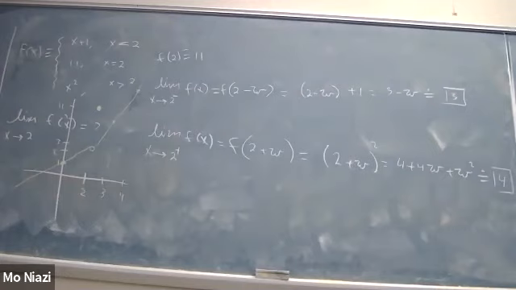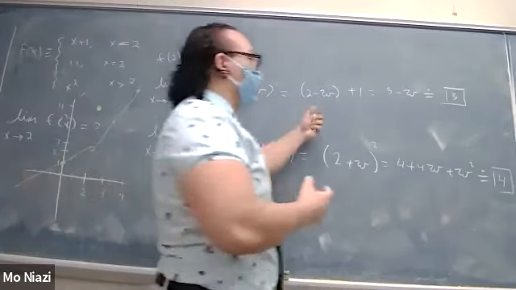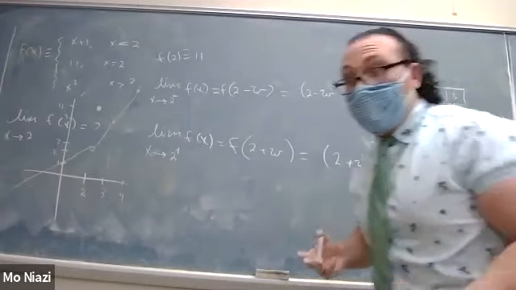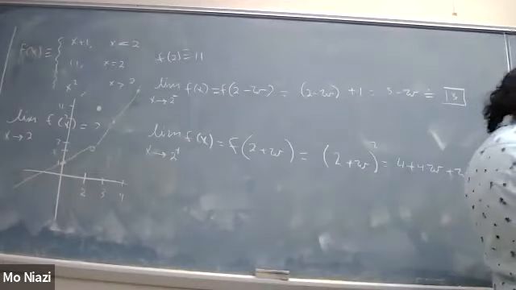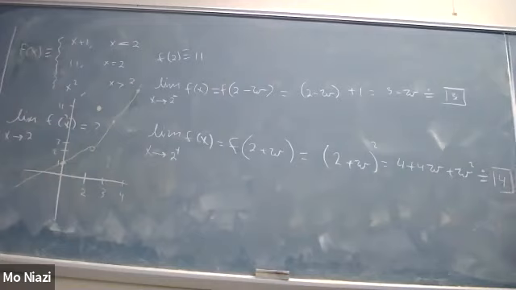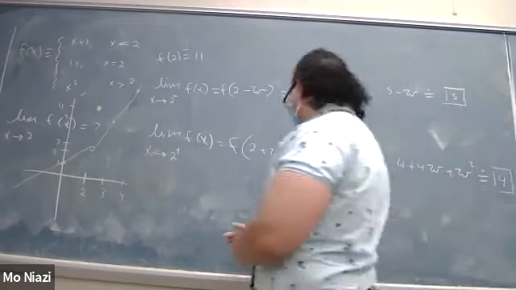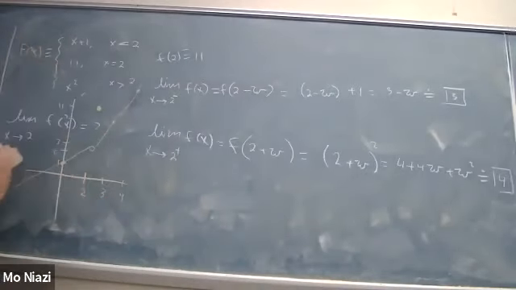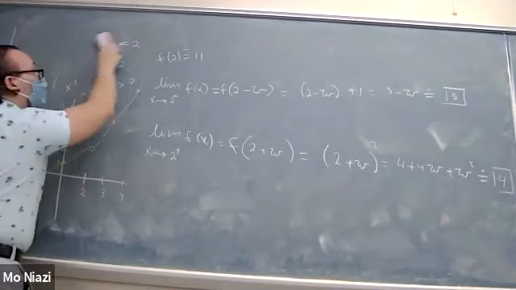So then, oh, it does not exist, right? The total limit does not exist because the left hand and the right hand limits don't agree. Because they don't agree, the limit can't exist. Trying to trick me? So the limit as x approaches 2 of f of x does not exist because the left hand and right hand limits do not agree.